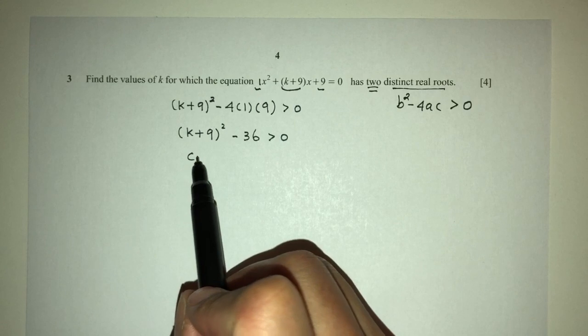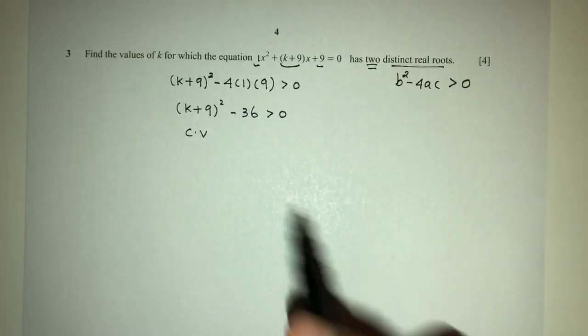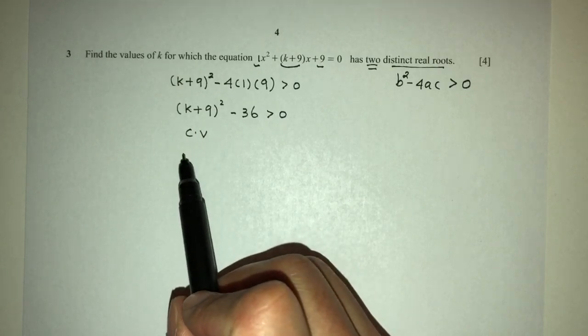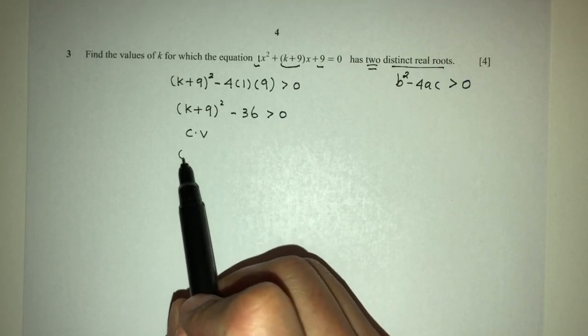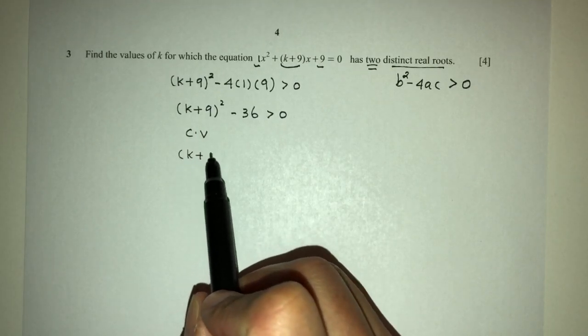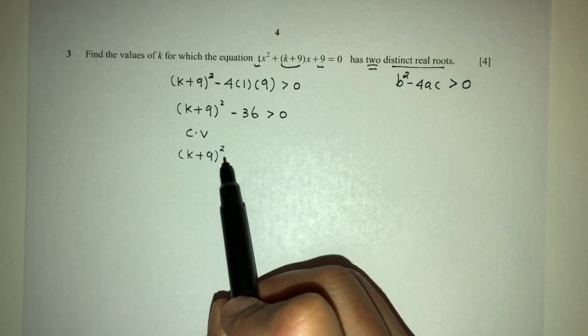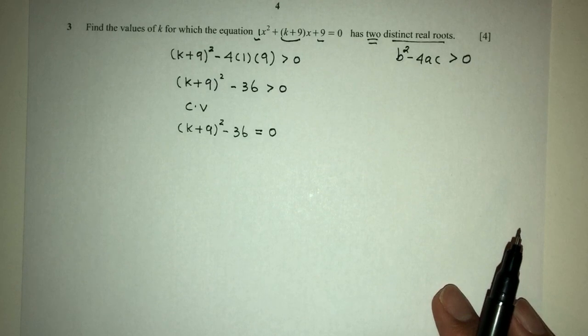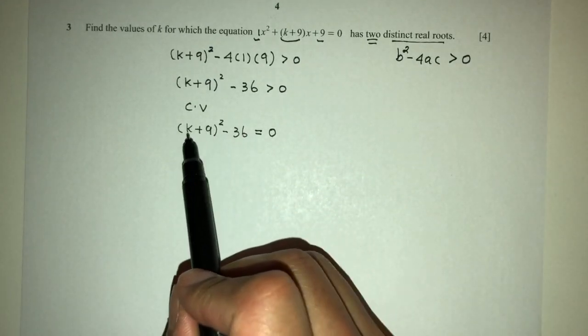So now we can find the critical values. So we just have to change the sign. When you find the critical values, we can just change the sign. That will become k plus 9 squared minus 36 equal to 0 for critical values. Now we have to solve for the value of k.